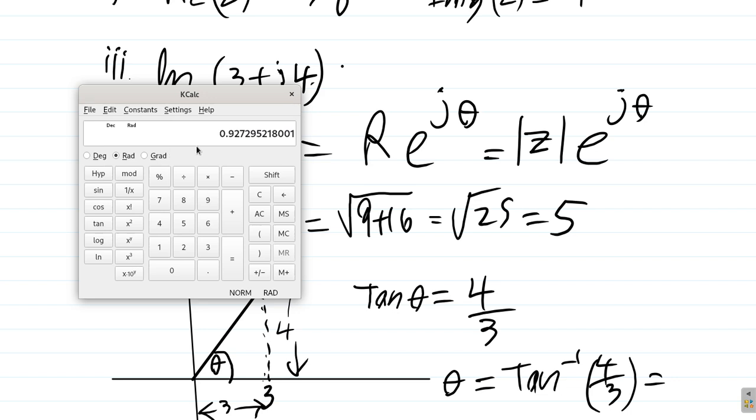I will get 0.927 radians. Theta is 0.927 radians.